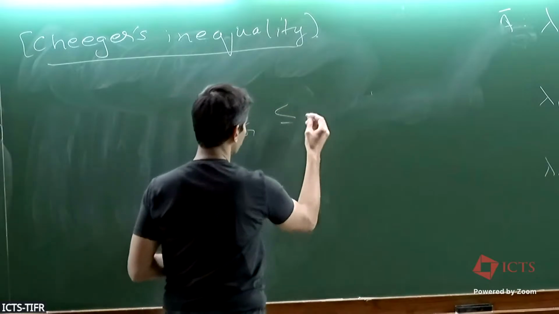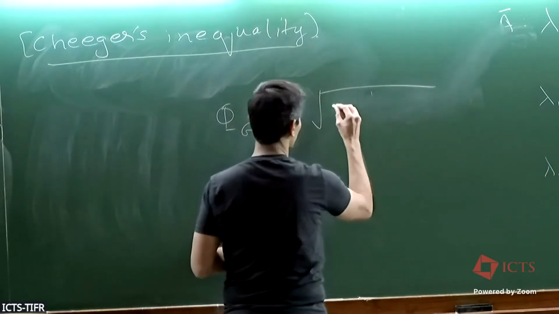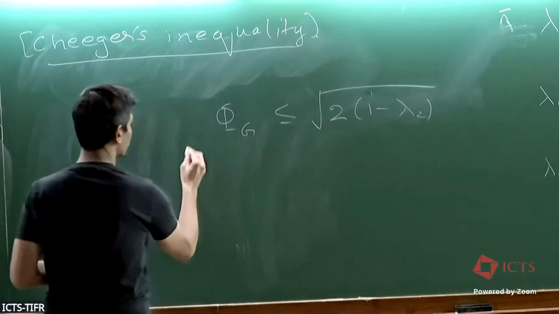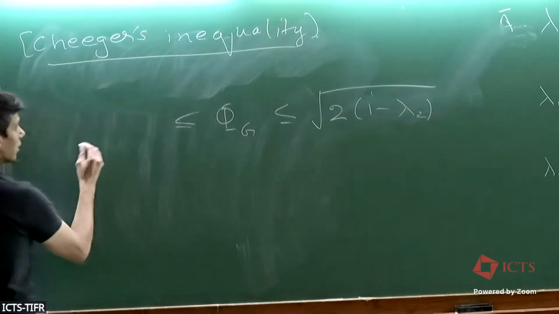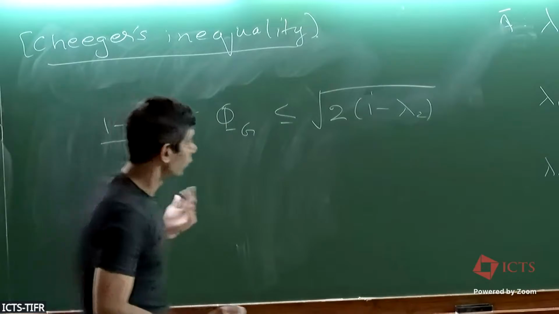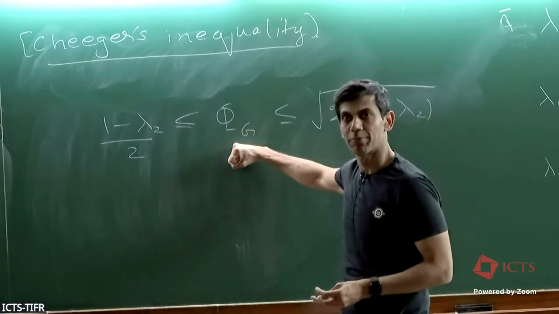the eigenvalues or the spectral expansion, even the one-sided spectral expansion, is both an upper and lower bound on the edge expansion of a graph.